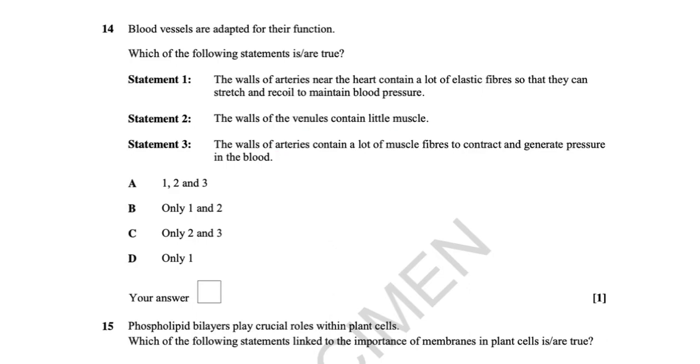The walls of the arteries contain a lot of muscle fibres, but then it goes on to contract and generate pressure. So they do contain a lot of muscle fibres, but it is not to contract and generate the pressure. The pressure is generated by the ventricles, not by the muscle in the arteries. So the answer here is B.